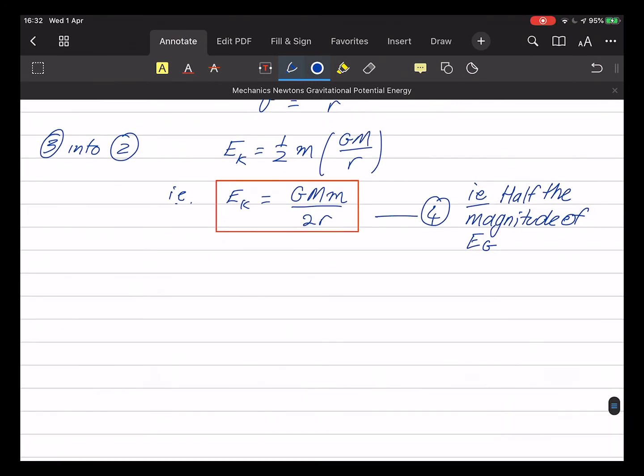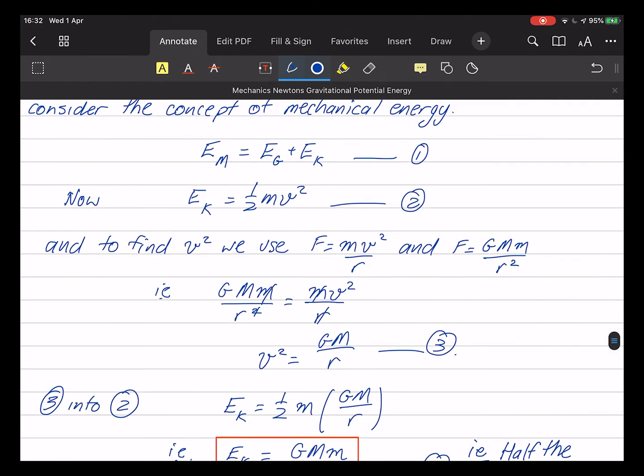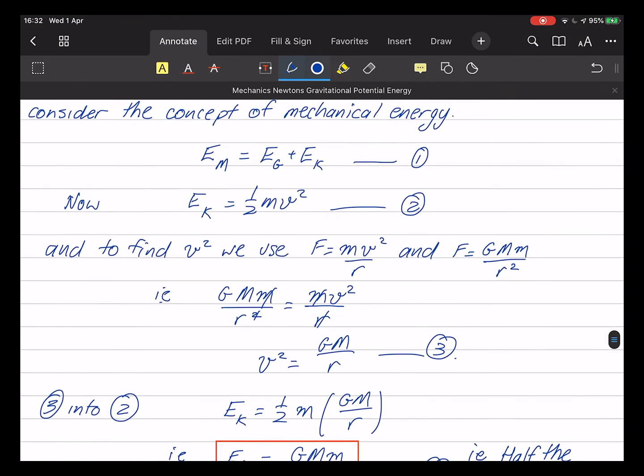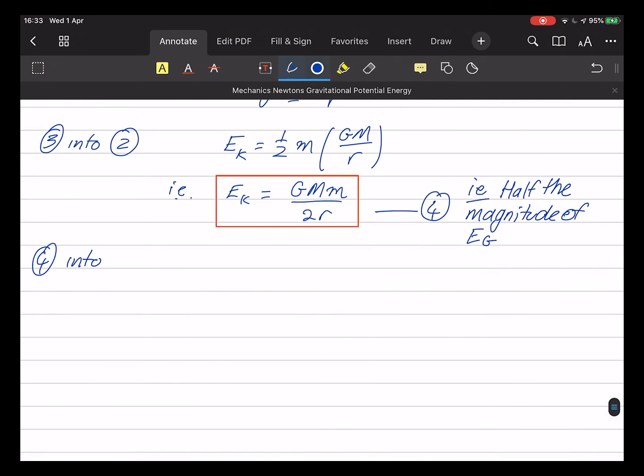All right, now, if I take this one and I place it all the way back into my first equation, so it's EK, I substitute into here, number 1. Then I have EM because of that EG.